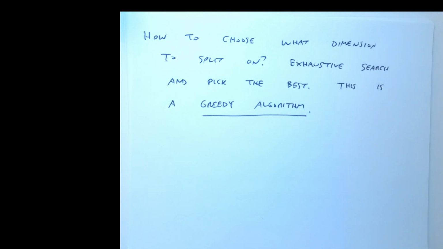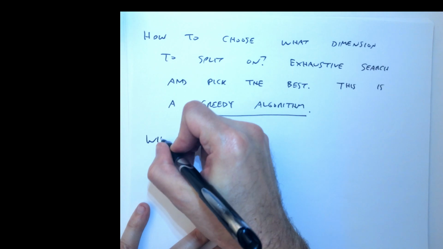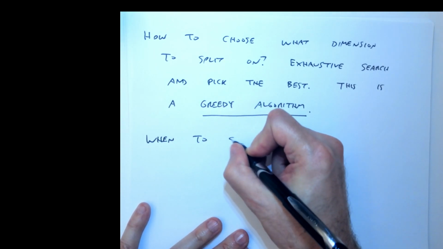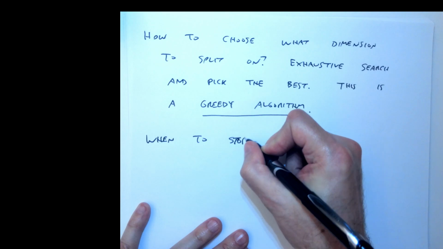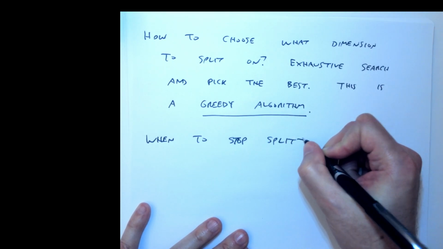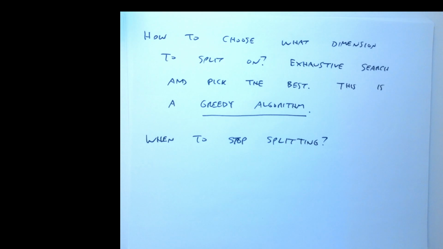So you also need to have a way of deciding when to stop splitting, right? Because, honestly, if your data was really, really intricate, you could keep on splitting down until you've drawn a super precise boundary around the X's and O's, but that would be a classic case of overfitting the training set, right?